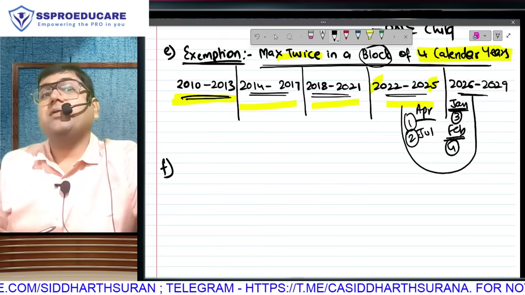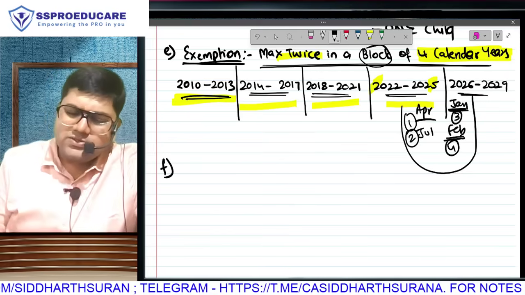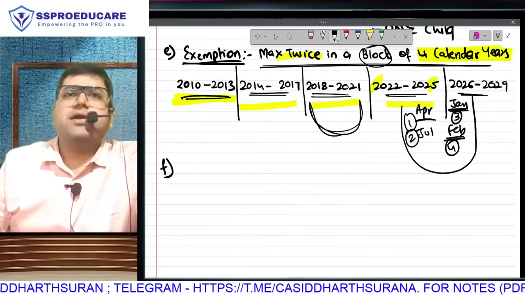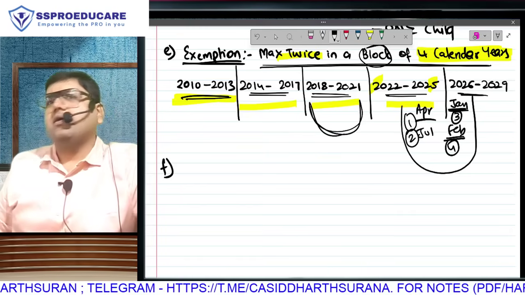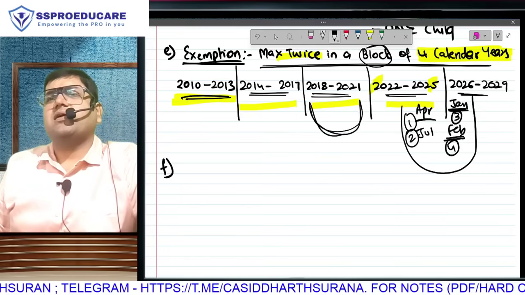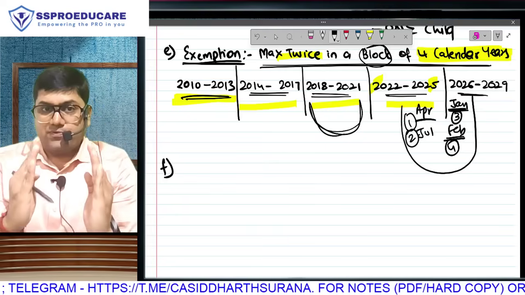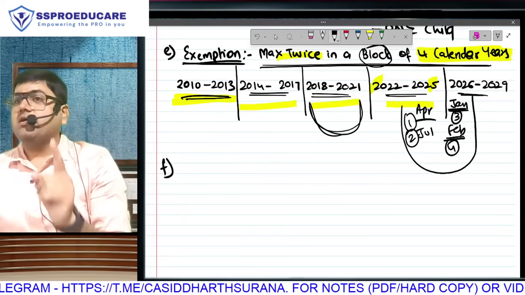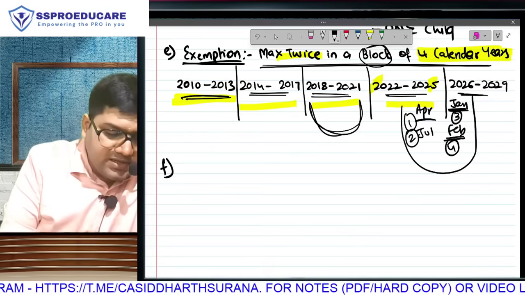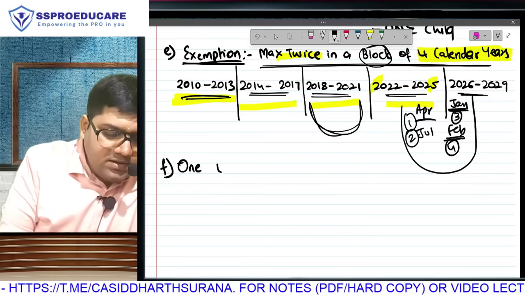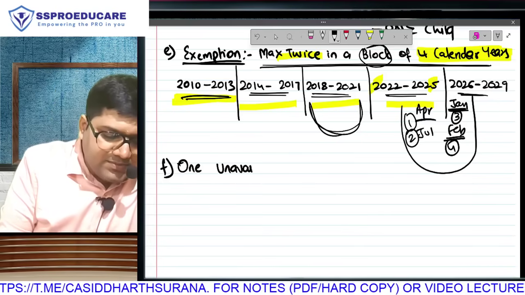In that I can take how many exemptions? 2. Let's talk about this block only. 18, 19, 20 I don't go on any holiday, and 21 when towards the later part I take, but then I take only one holiday. That means in this full block of 4 years I have utilized only one exemption. So they are saying now one unavailed exemption.